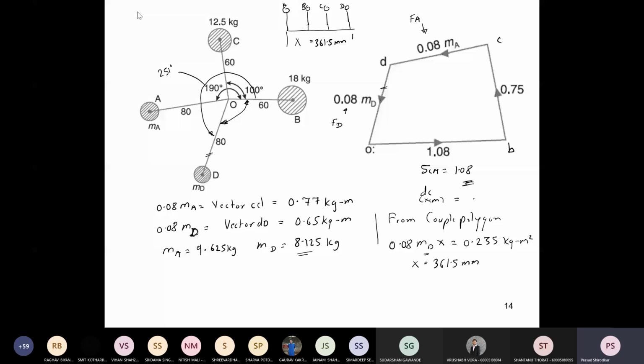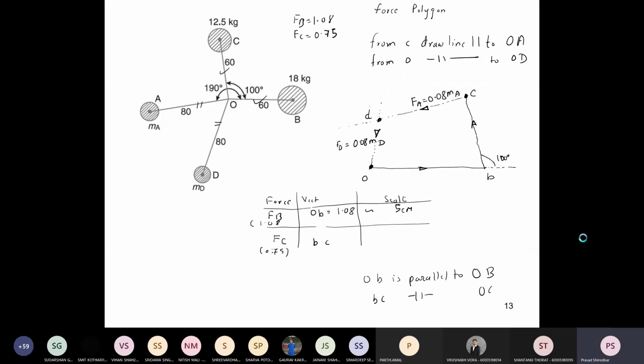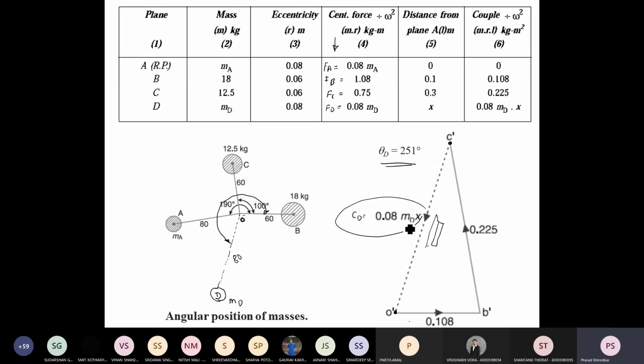Sir, can you please repeat this 0.235 kg meter square step? Okay, just a minute. See, go to the couple polygon. Alright, so here we have this CD as 0.08 mdx, right? So measure this vector and convert it into scale.